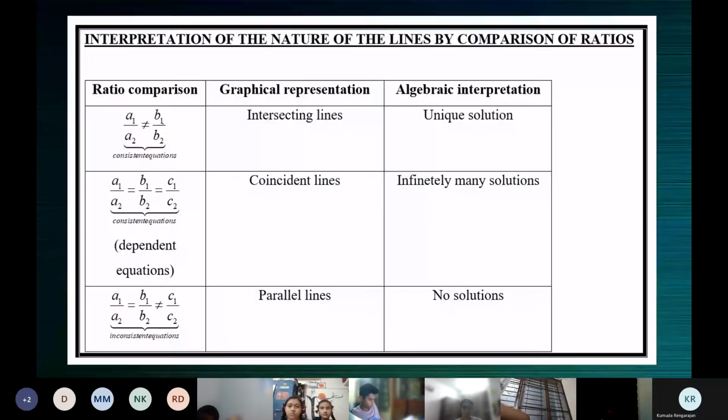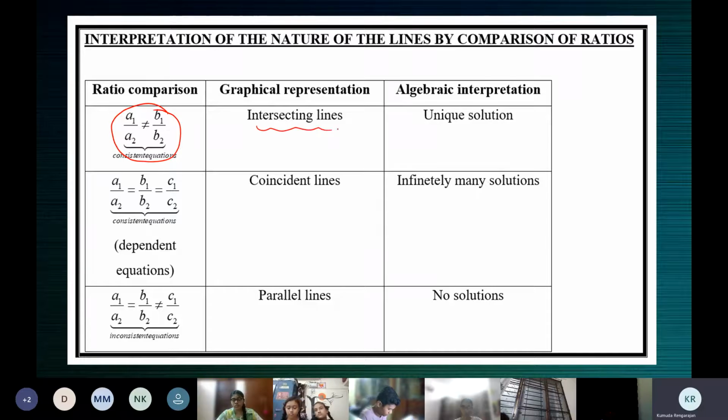If A1 by A2 is not equal to B1 by B2, graphically intersecting lines. Algebraically, we say they have a unique solution.